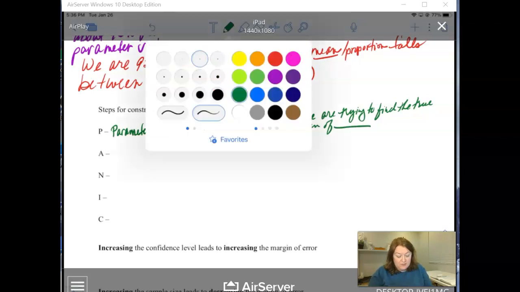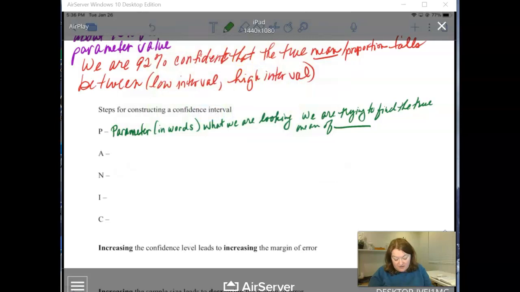The next thing we do is check our assumptions, the ones we've been repeating: we want to make sure that it was random, so an SRS hopefully, that we can assume it's normal, and that independence part, right? So that's the 10, little n and big N. We're going to check all of those and make sure everything's good to go.